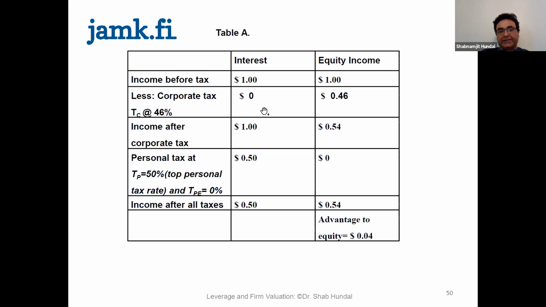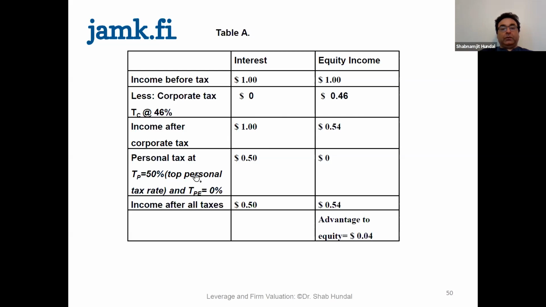So there is no tax basically on this interest income, but there would be 46% tax falling on the equity income. So income after corporate tax for the interest remains the same, 1 minus 0 is 1. But here, 1 minus 0.46 is 0.54. So basically, if you earn €1 or $1 as a dividend, after tax, you only get 0.54.